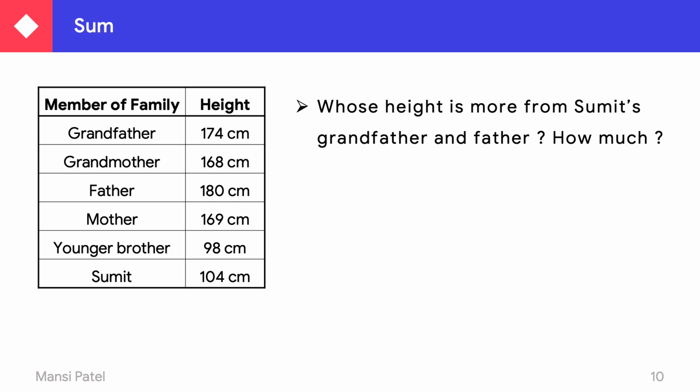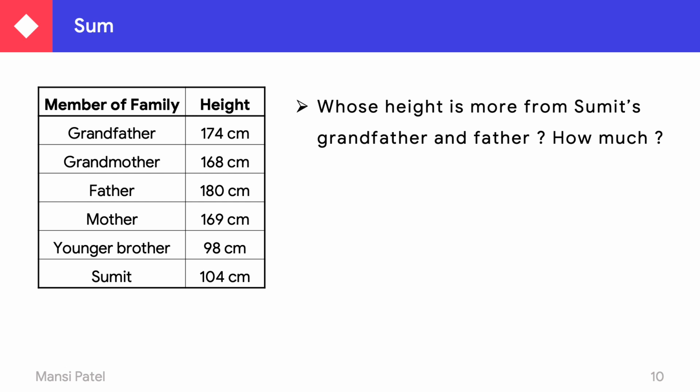In the first question, you have to write down the answer in word, either it's a grandfather or father. But after that, they were asking by how much. So we have to write down the difference also. So whose difference? The height of grandfather and father. So we know that whose height is more? Father's height. And we have to write down first father's height minus grandfather's height.